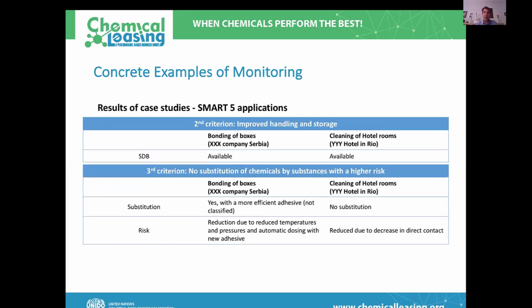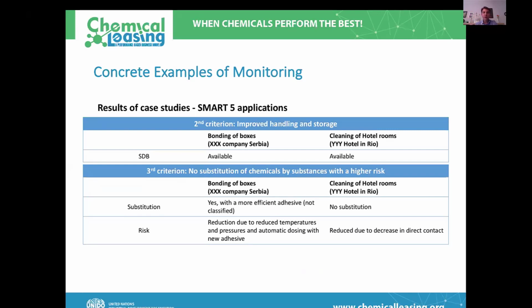The second criterion, here we concentrated on safety data sheets. They are available. I saw one question: how do we say that the chemical is not more toxic than the other? We can find this information in safety data sheets. The third criterion, and if you remember Luis' presentation, it's a checklist, like in the cockpit of an airplane. You check: did I check this? Did I check this?